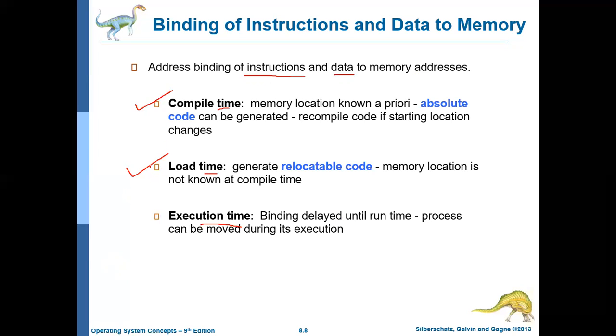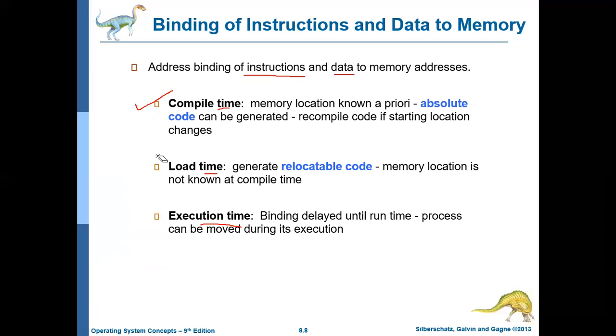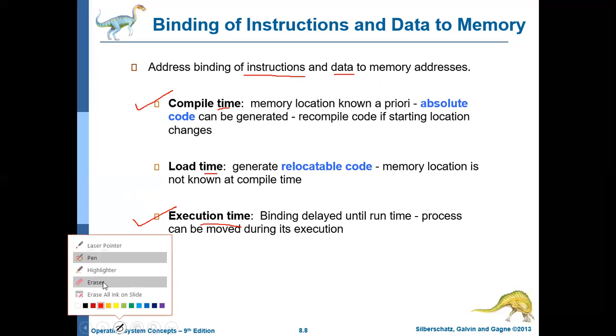We will come back to that later. So let me not define load time now, because these two are related concepts, compile time and load time binding. If the binding happens at runtime or execution time, then that is called execution time binding. Okay, fine. Now let us see what these three types of binding are.